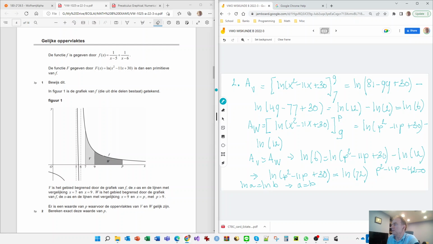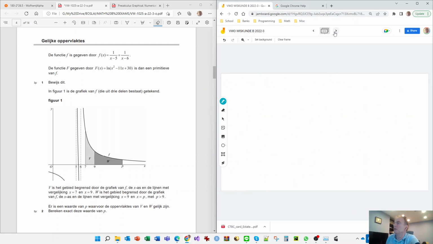Okay, so let's work this out. P squared minus 11p minus 42 equals 0. So let's see if we can factorize that.